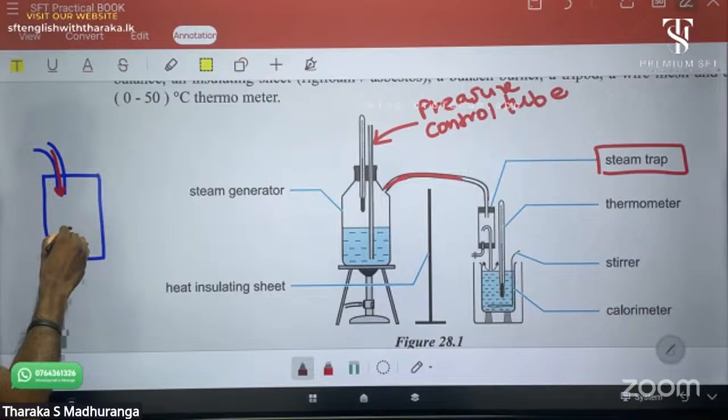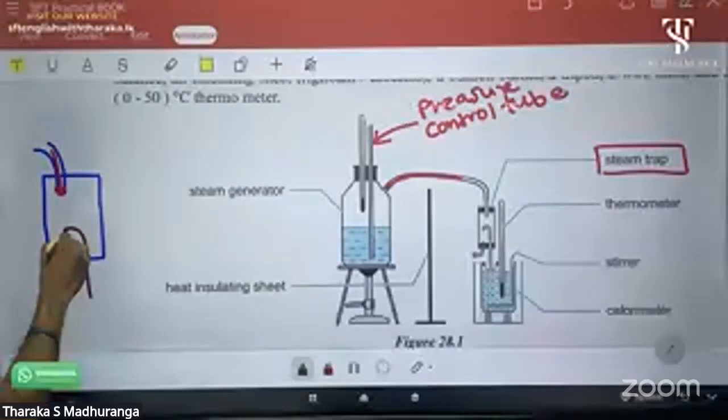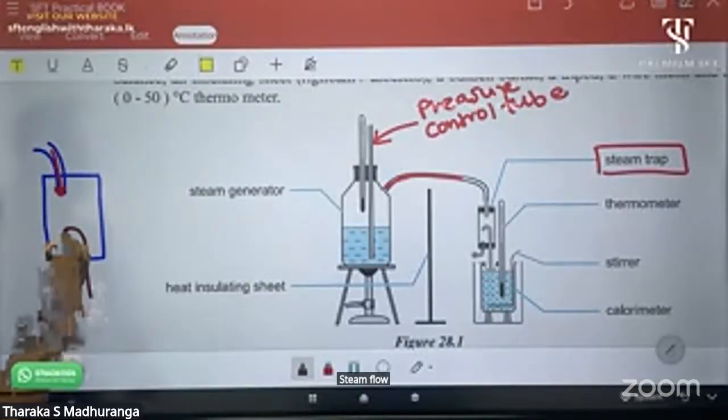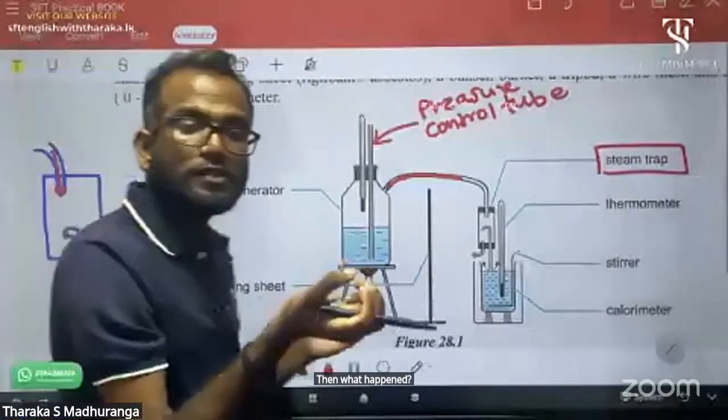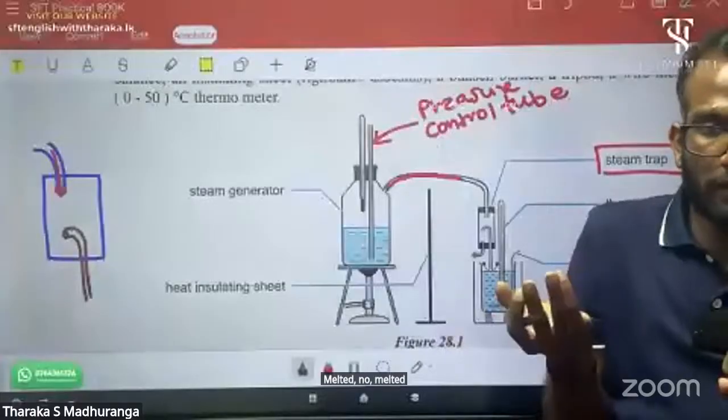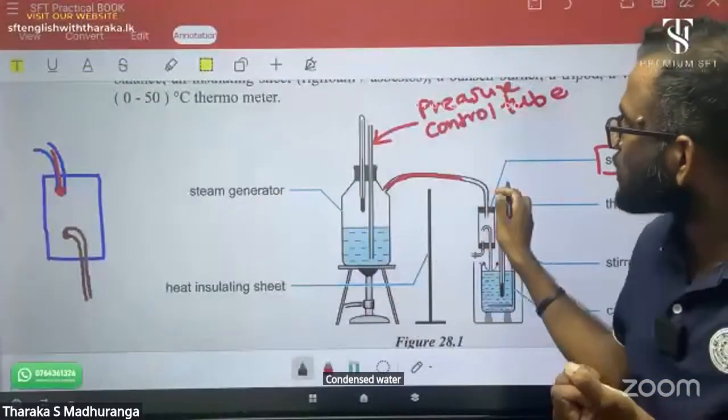Through a tube, steam flows into this downward-shaped tube. Then what happens to the water condensed in the transportation process?